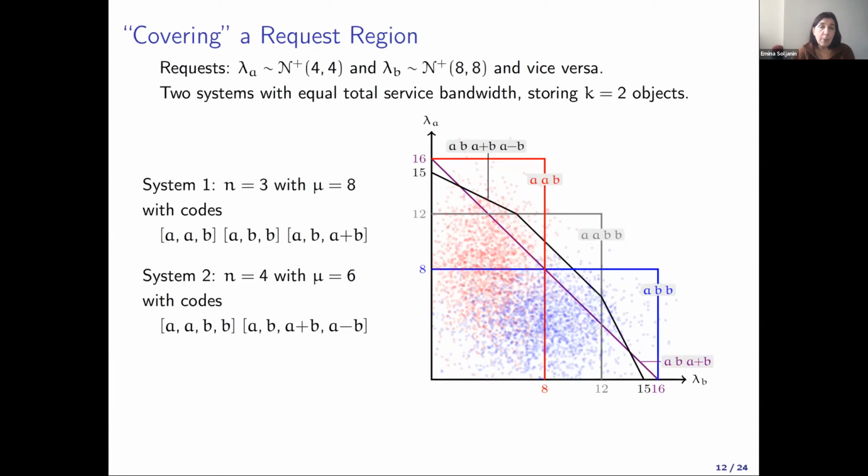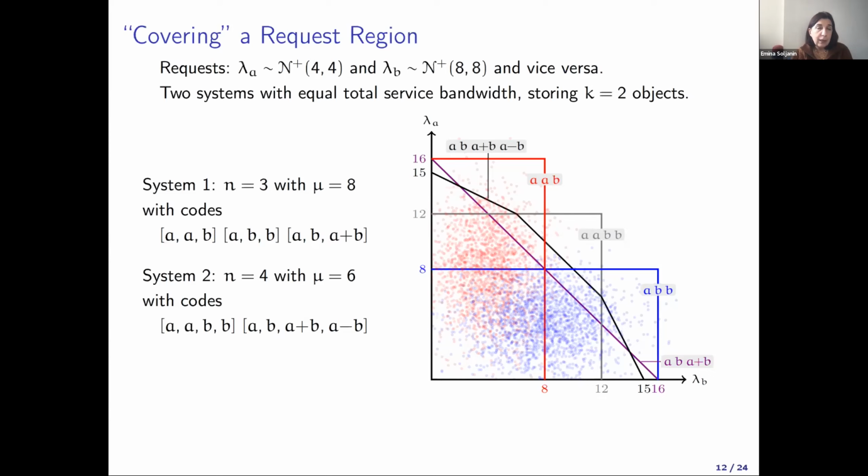And here I'm comparing several coding schemes, actually several redundancy schemes. Some are just about replication, and the one which looks like a triangle is A, B, and A plus B. And then I'm asking what do they cover?